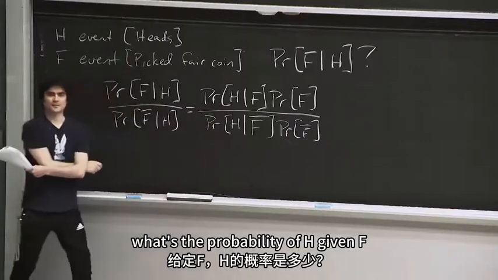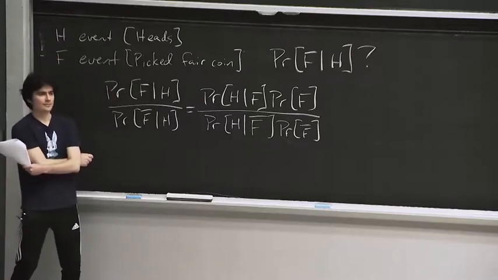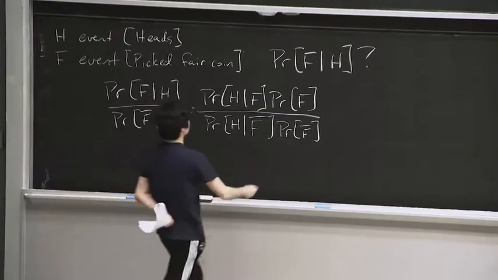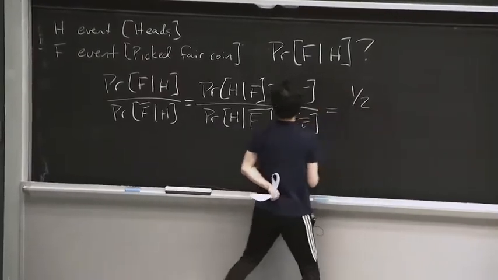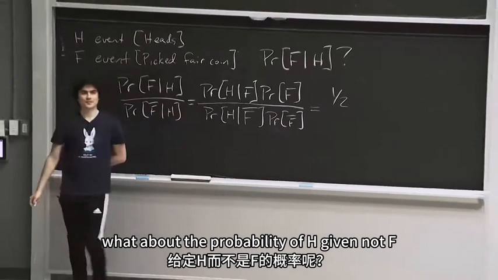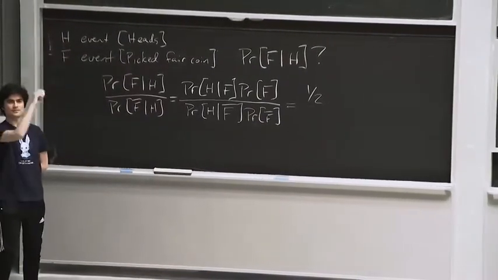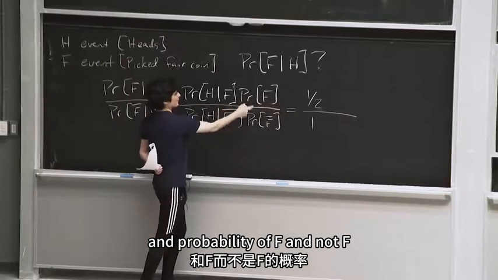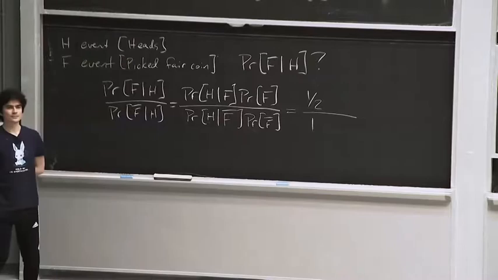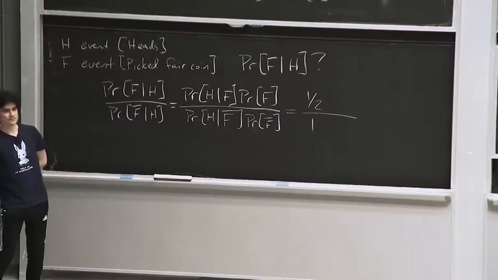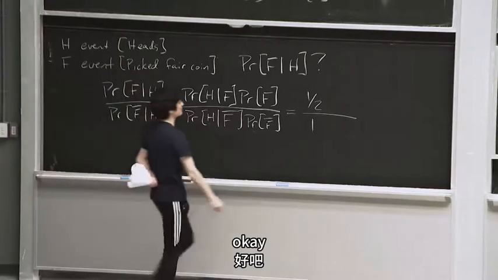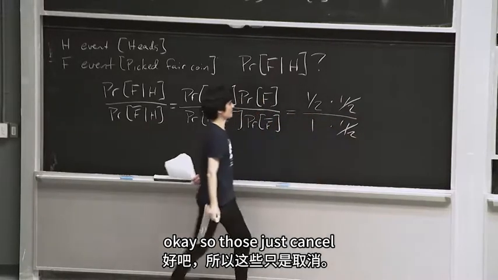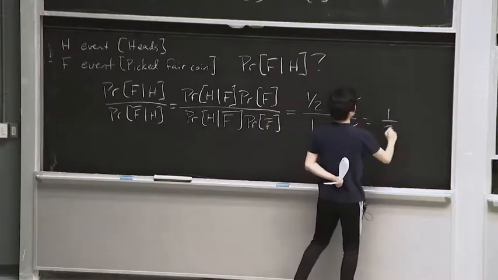So this expression is much easier to work with. What's the probability of H given F? Yep, 1/2. What about the probability of H given not F? Yeah, 1. And the probability of F and not F? Those are each 1/2 by assumption. So those just cancel, and we are left with 1/2.